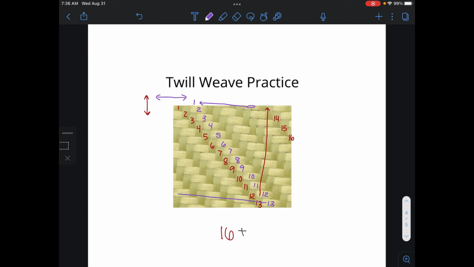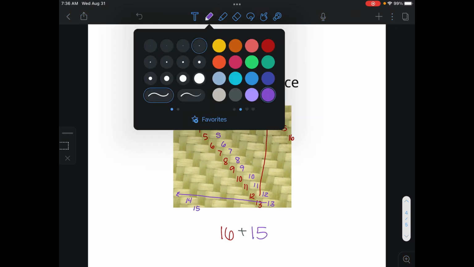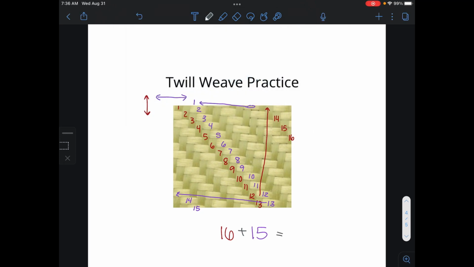We're going to go all the way back over. 14, 15, 16 plus 15, do some quick math, thread count of 31.